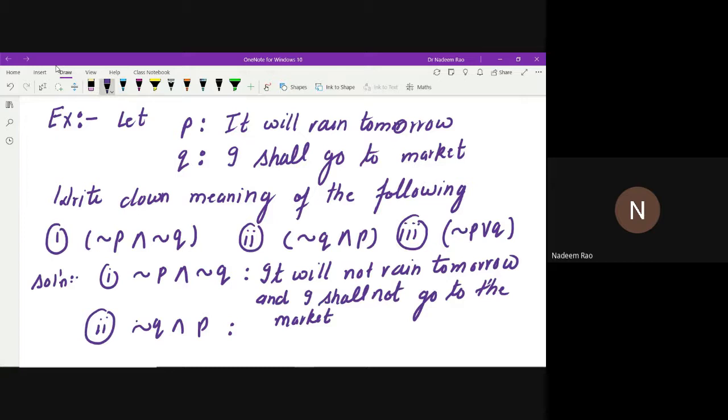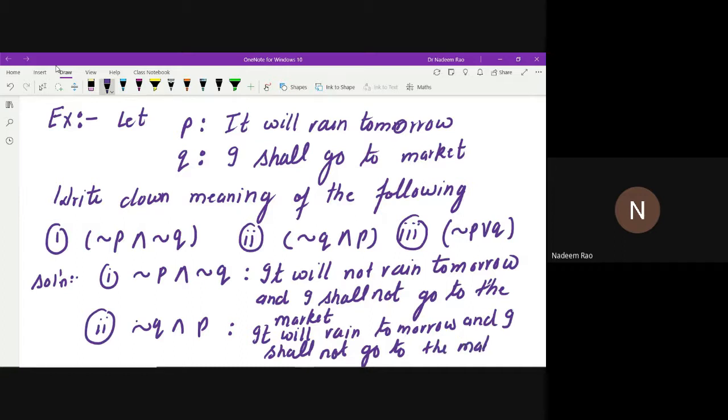It will rain tomorrow, if we talk about P. And I shall not go to the market. So it's quite simple, guys. It's very simple.